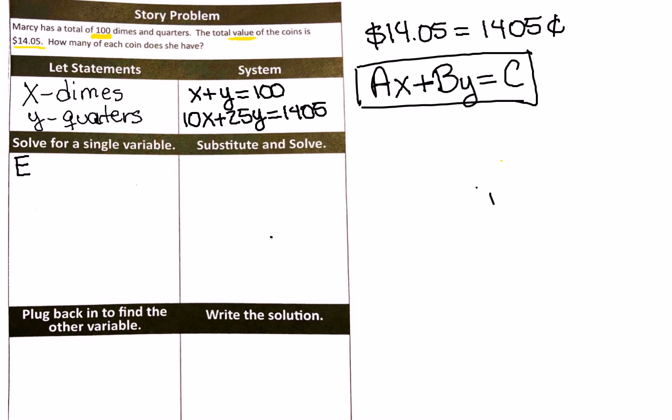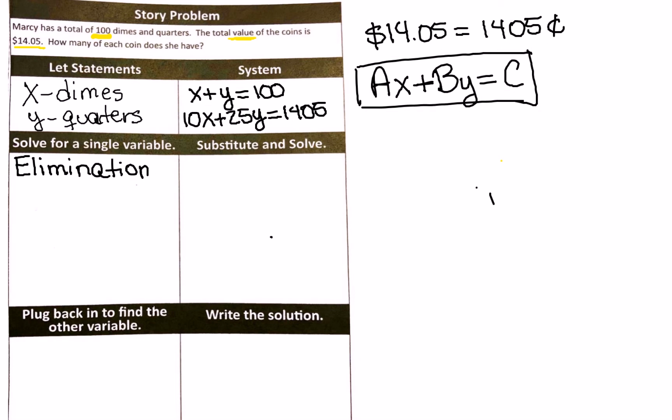So we're going to use elimination to solve this system. To solve by elimination, I need my 2 equations one on top of each other, and then I need 2 terms with the same number and different signs so I can get one of them eliminated.